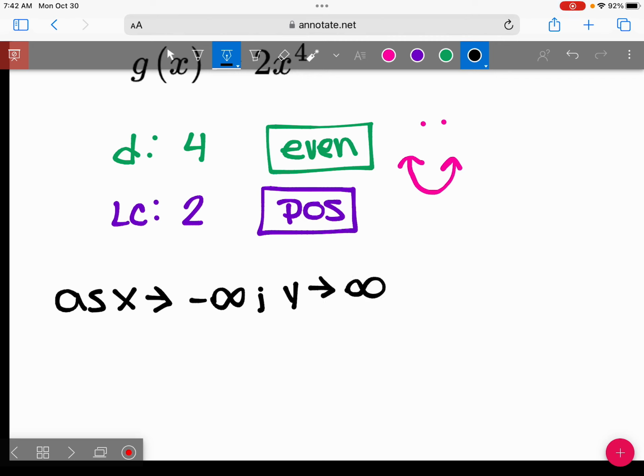Positive infinity. My left arrow goes up, is what that sentence says. So as x approaches positive infinity, what does my y approach? Positive infinity. Because my right arrow is also going up.